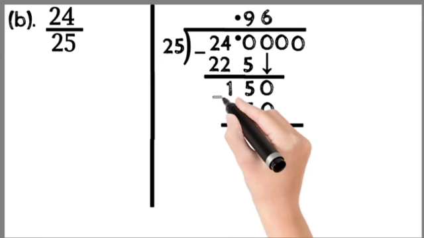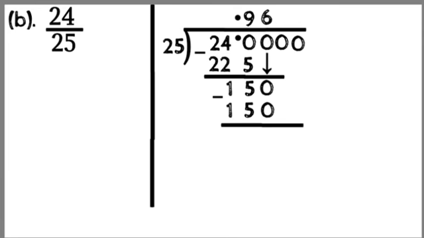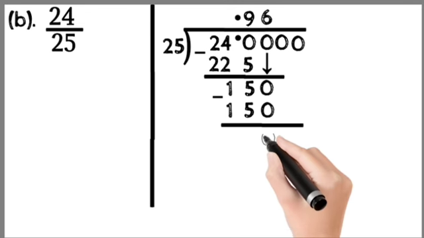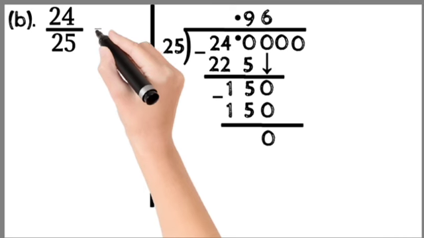Now check the quotient. How much is the quotient? 0.96. So that is our answer. That is, when 24 is divided by 25, the answer is 0.96. So this quotient is the final answer.